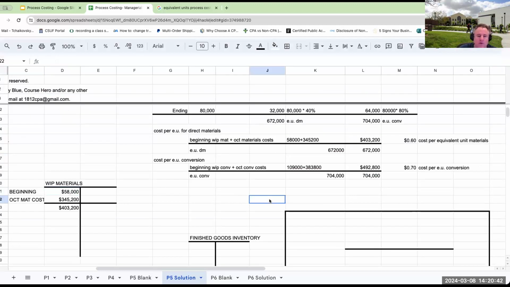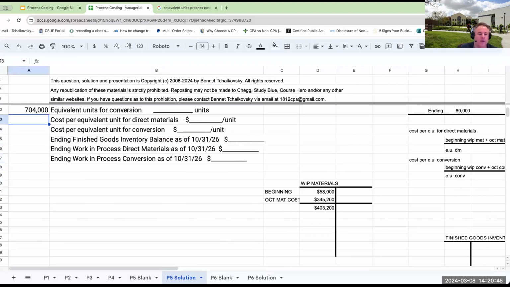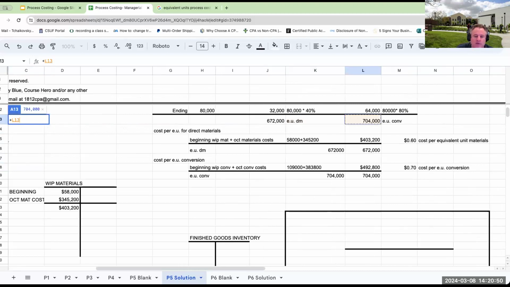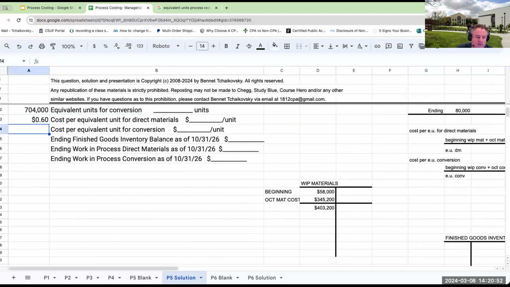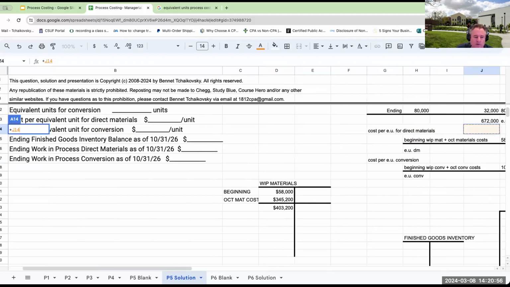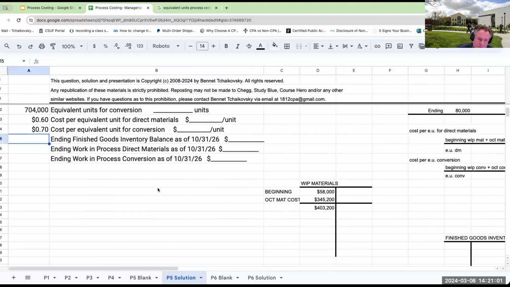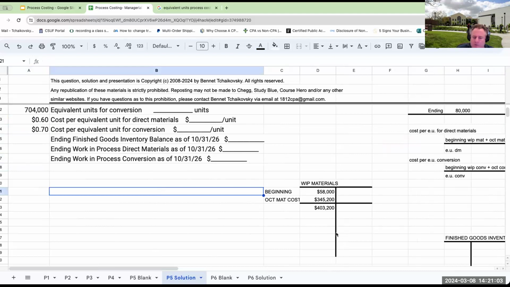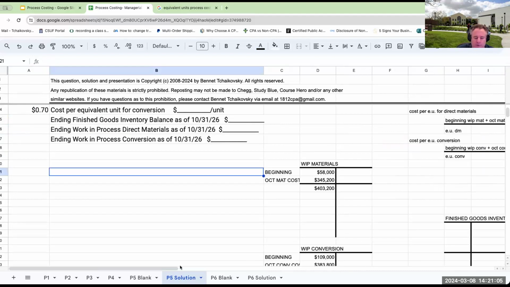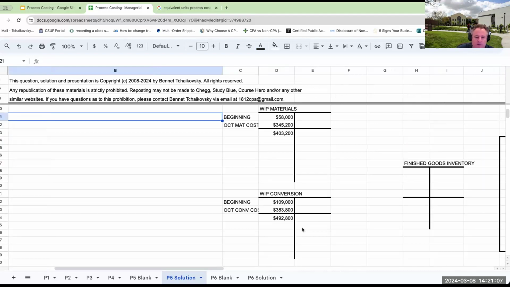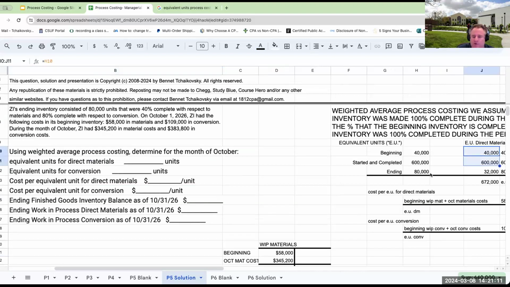So let's come over here and answer some more of the questions. My cost per equivalent unit for the materials is going to be over here at 60 cents per unit. My cost per equivalent unit for the conversion is going to be at 70 cents per unit. Now, I clearly finished product during the period.